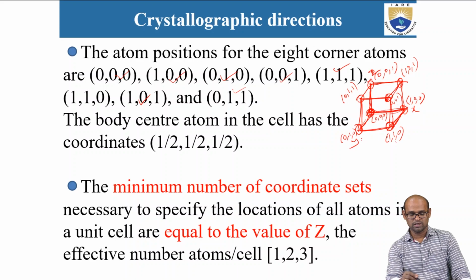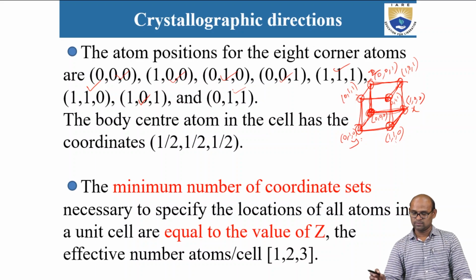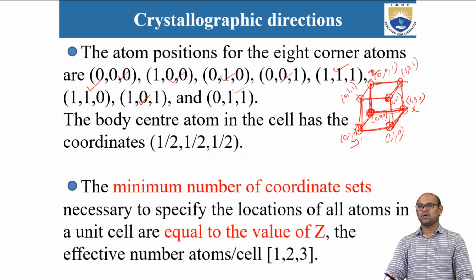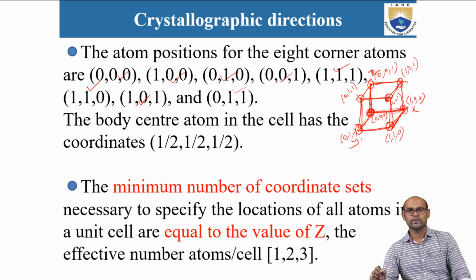So 1 comma 1 comma 0 is also done. 1 2 3 4 5 6 7 8. All 8 indices of all 8 corner atoms we have written. We are able to write the indices of all 8 corner atoms of the cubic unit cell.